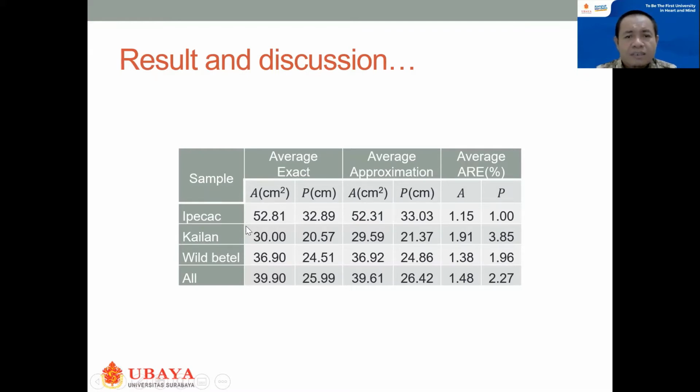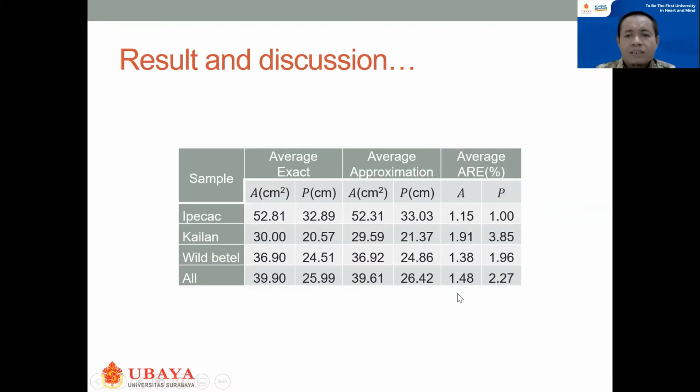This is the exact area. This is the approximate area. We can see that these are very close, with an absolute relative error of less than 2%.